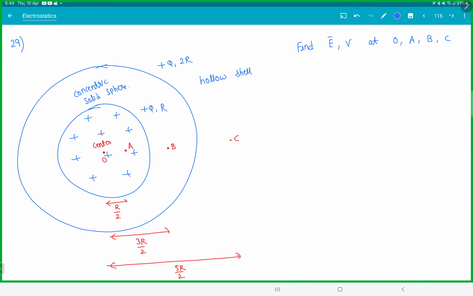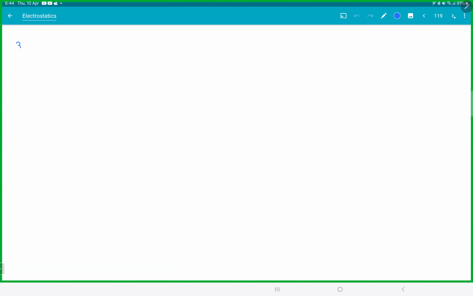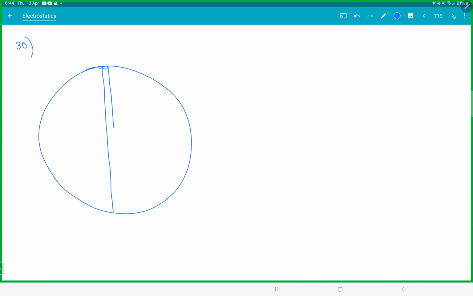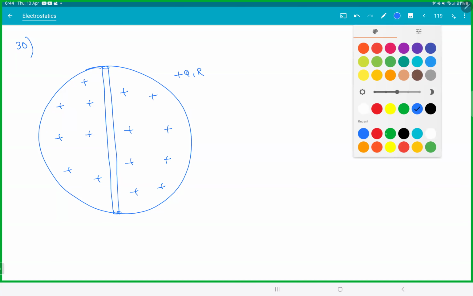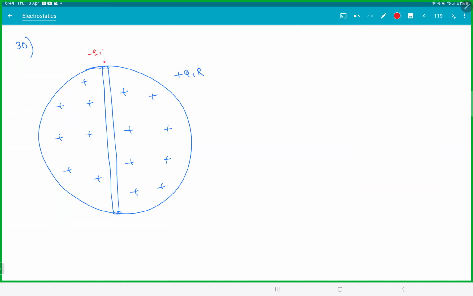Next thing. We have a solid sphere. Someone made a thin tunnel. Plus Q and radius R. You dropped a particle minus Q and mass M, released into this thin tunnel.